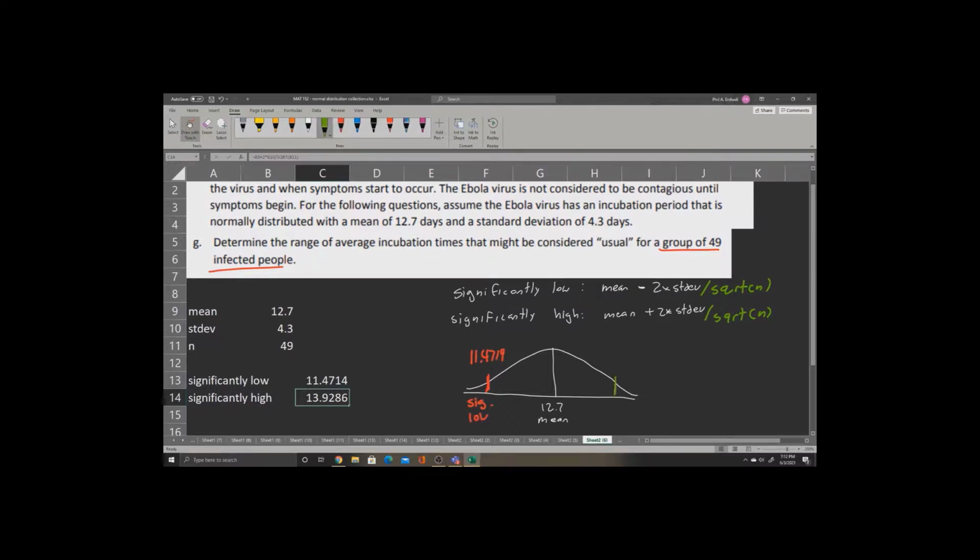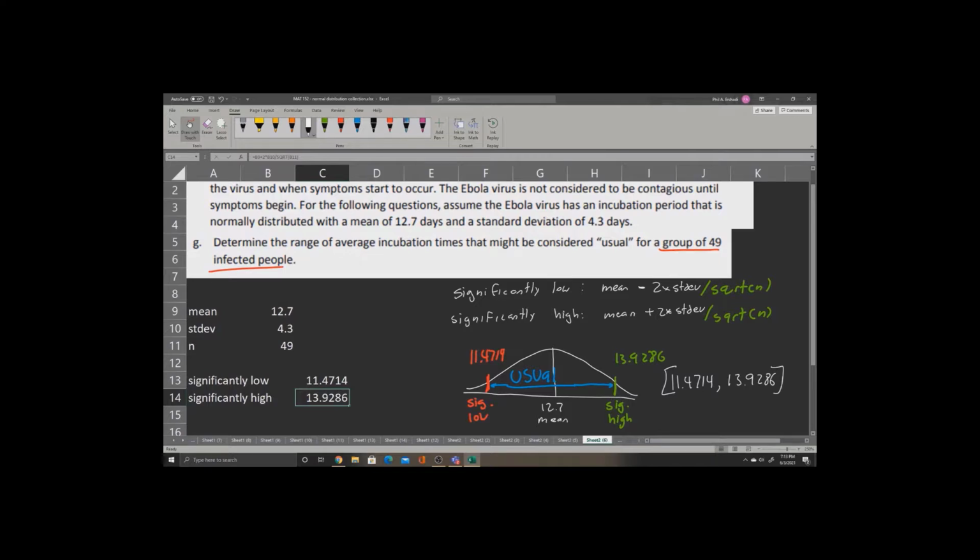The other marker will be on the right at 13.9286. This will be significantly high. And in the middle, inside of the 2 lines I've drawn, will be the usual range. So we can say that the usual range goes from 11.4714 to 13.9286.